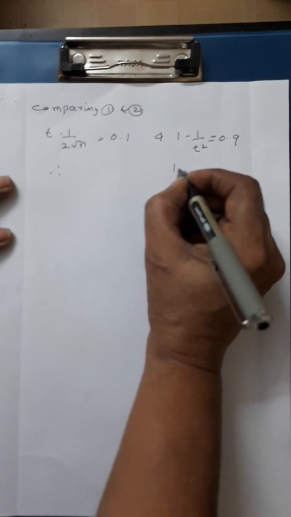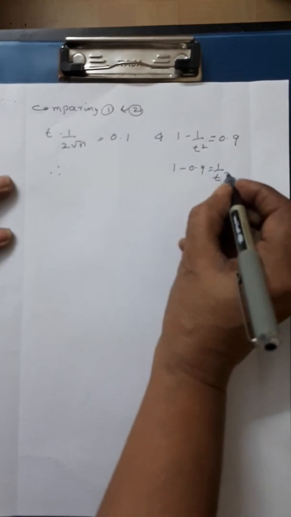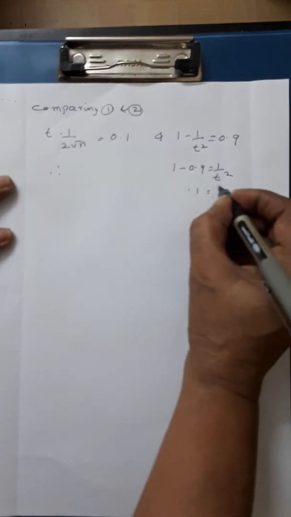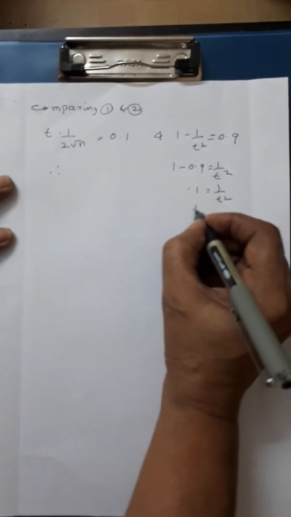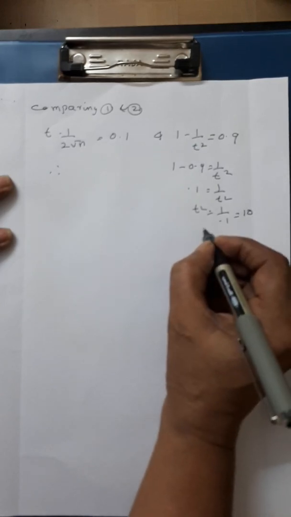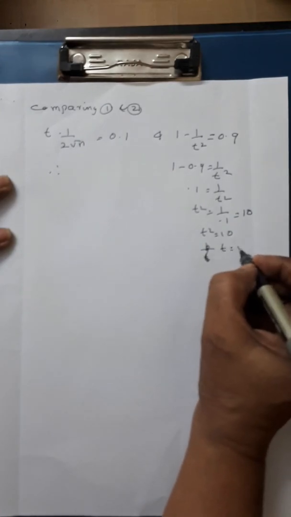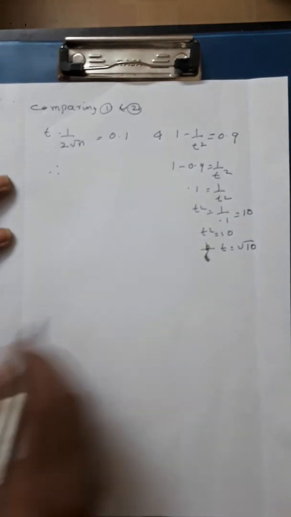Therefore, 1 minus 0.9 is 1 by t square. That is, 0.1 is 1 by t square. T square equals 1 by 0.1, that is 10. T square equal to 10. Therefore, t equal to root 10.